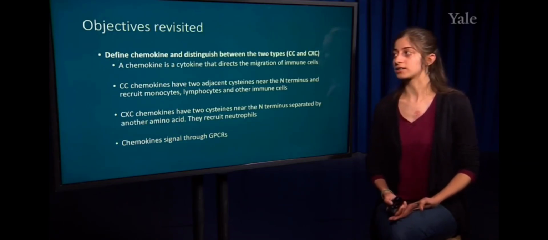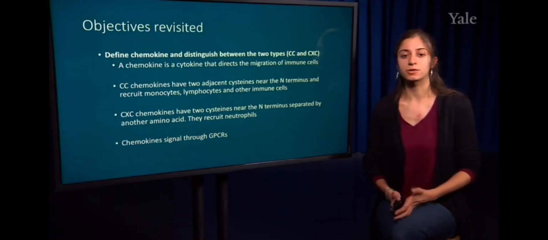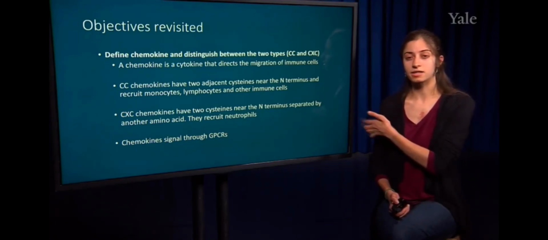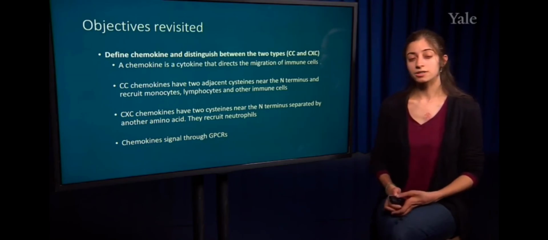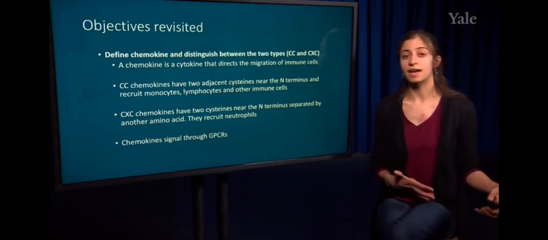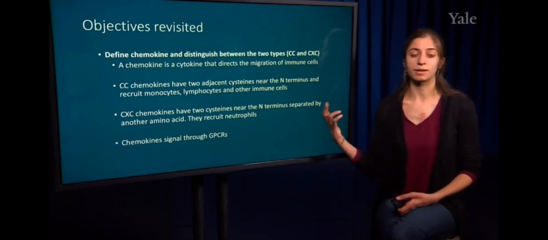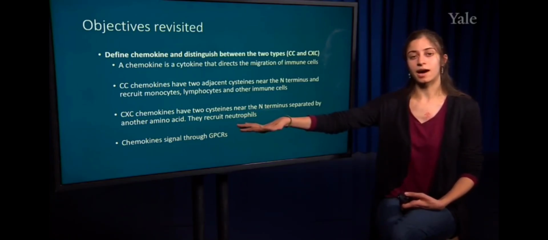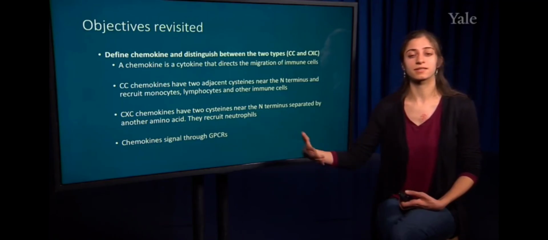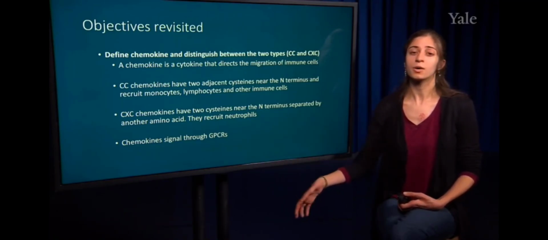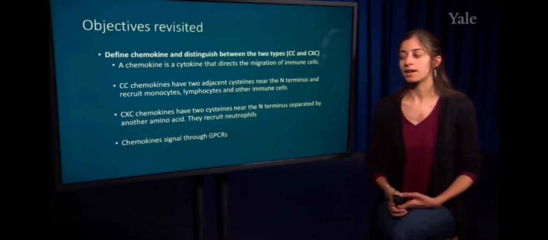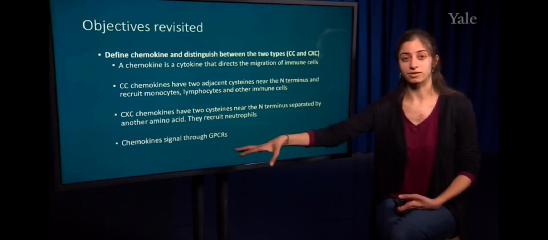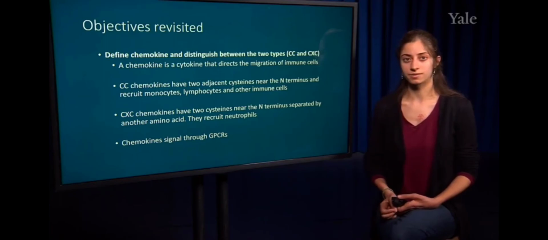In our second objective, we defined chemokine and distinguished between the 2 types of chemokines, CC and CXC chemokines. We learned that a chemokine is just a subset of cytokines that directs the migration of immune cells. We now know that CC chemokines have 2 adjacent cysteines at the N-terminus, whereas CXC chemokines have 1 additional amino acid in between those 2 cysteines at the N-terminus.